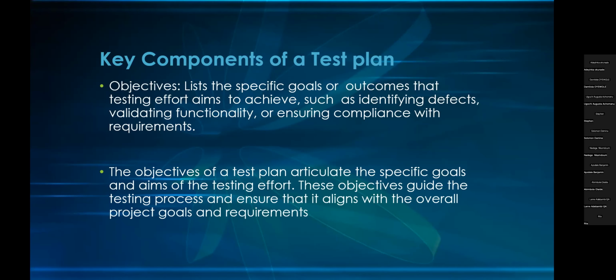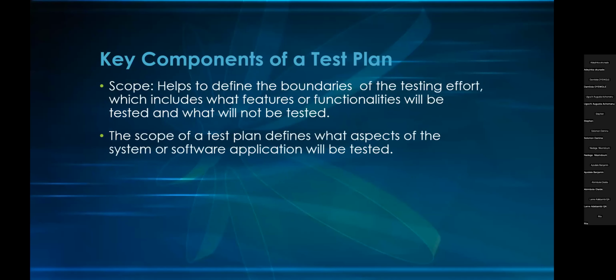The objectives of a test plan articulate the specific goals and aims of the testing effort. These objectives guide the testing process and ensure that it aligns with the overall project goals and requirements. We also have another key component, which is scope. I've always mentioned scope.